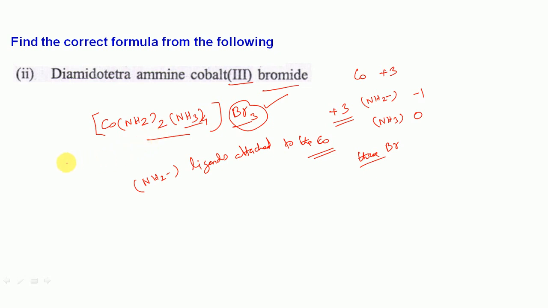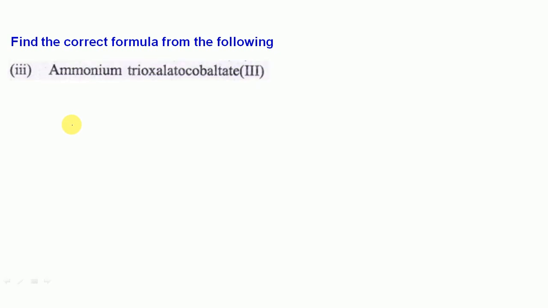This complex is an octahedral complex because cobalt is connected with 6 atoms: 2 amido and 4 ammine. So next, third one.